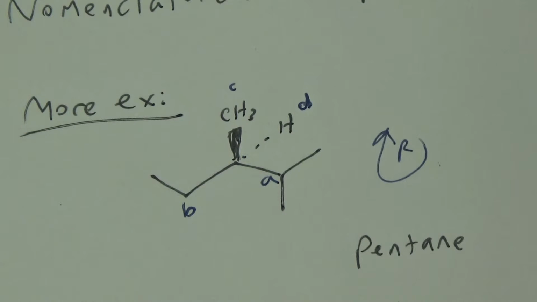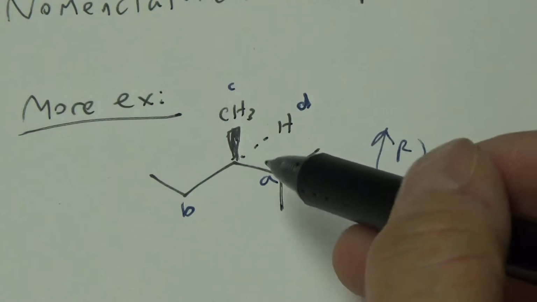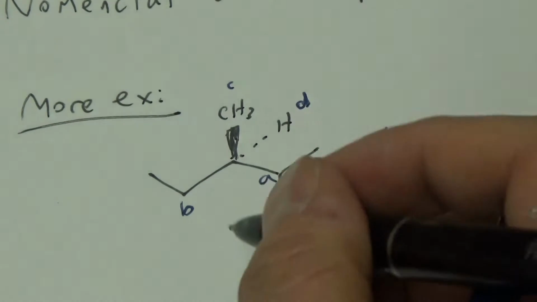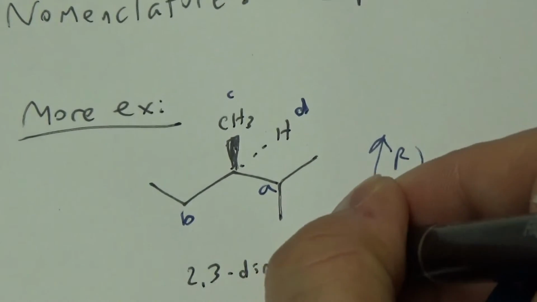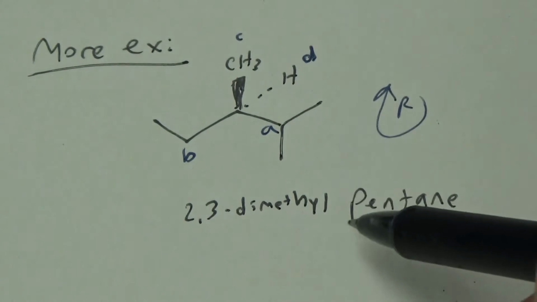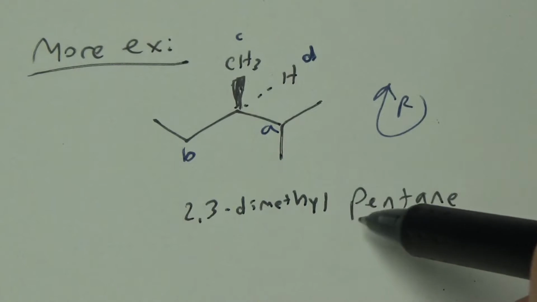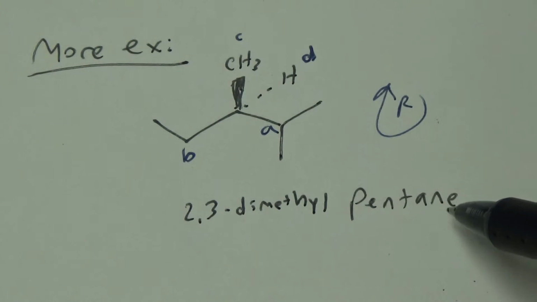That's carbon 1, 2, 3. It looks like 2,3-dimethyl. Technically, there's no space there. That's not something I care about, but it usually would actually be one big word, whatever. Okay, so we made the name minus the stereochemistry.